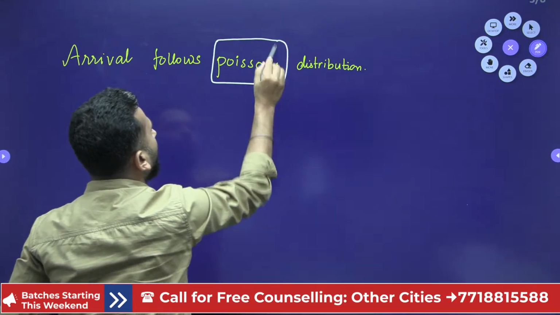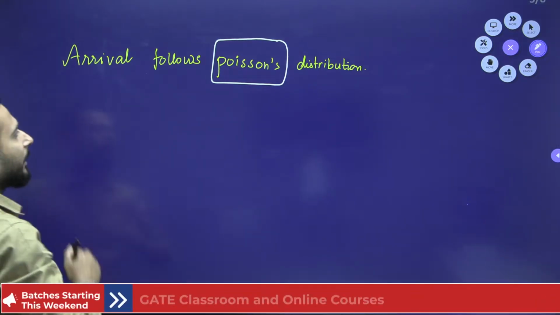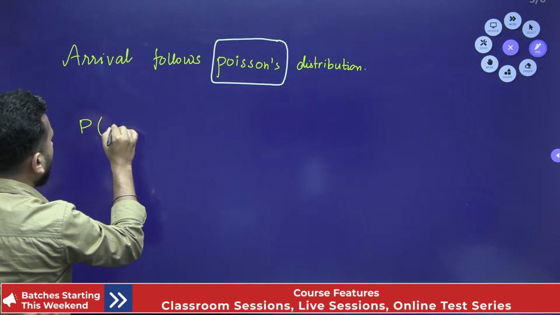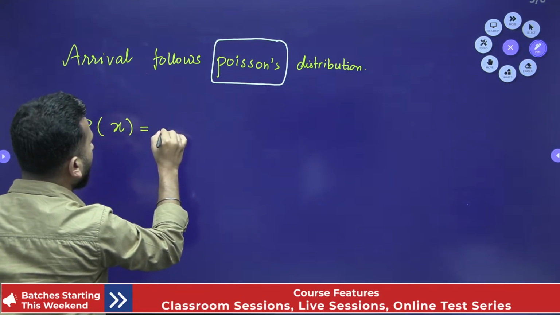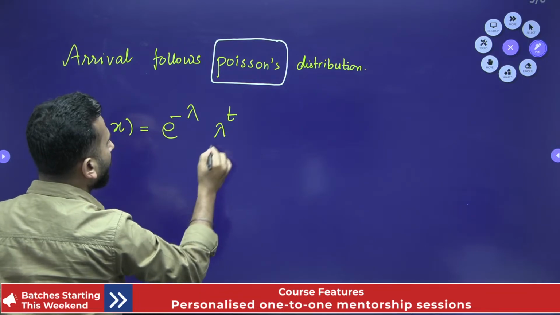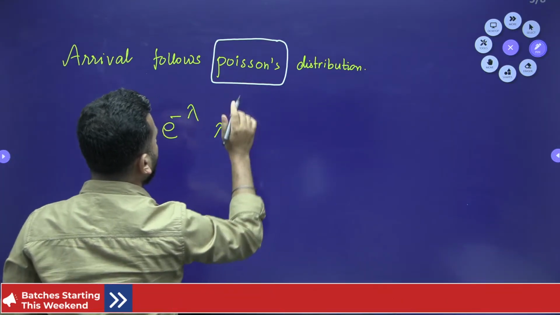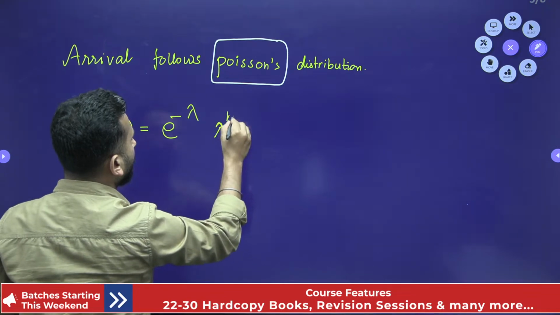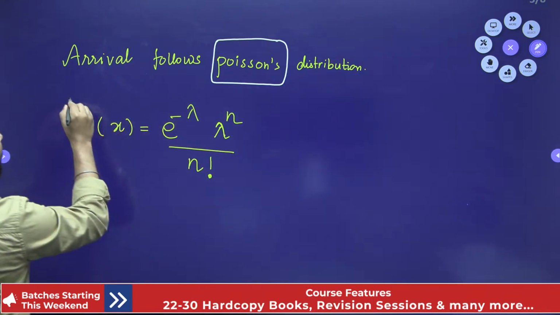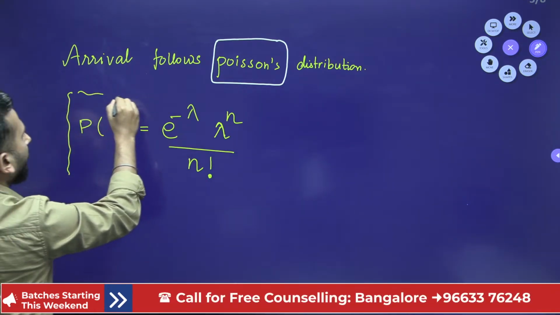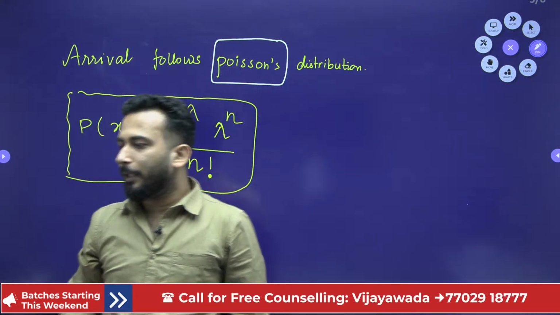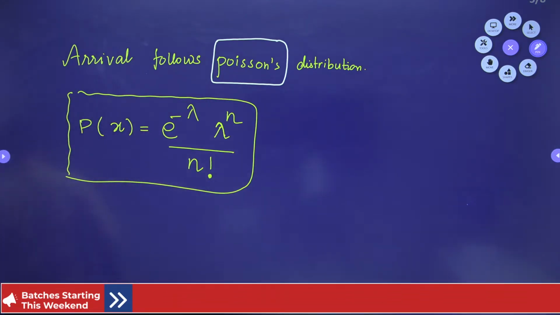Poisson's distribution. Now, what is Poisson's distribution? Let's straight away come to this. So, what is Poisson's distribution? My dear friends, Poisson distribution is given by e to the power minus lambda, lambda to the power n divided by n factorial.